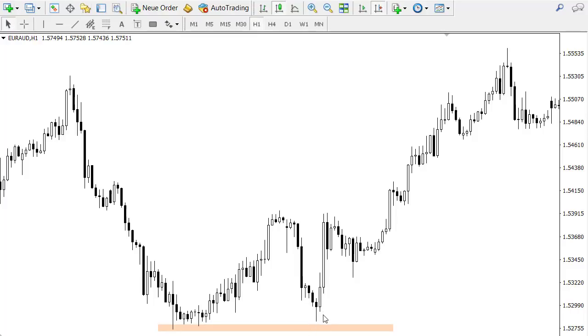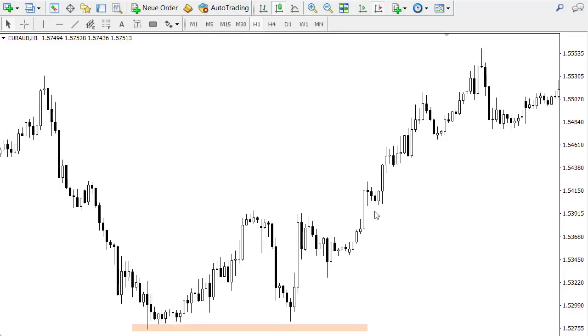Then we have the little pin bar here, which shows, okay, the sellers try to make a final move, but they got rejected, and then the next candle breaks the pin bar, and then we shoot up and start this nice uptrend. Then we can just follow the price, and you see we have our previous high, and as I said, previous highs can be a very, very important point as well.